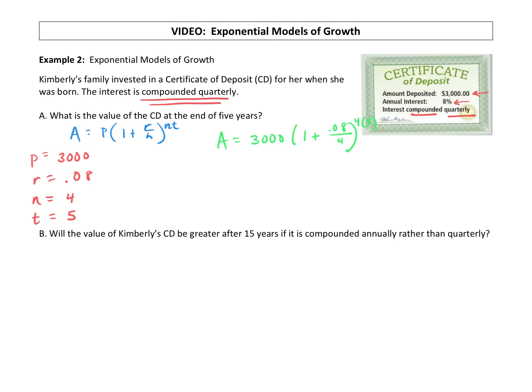That's kind of hard to see. So this right here says 4 times 5. All right, we can simplify this a little bit. We've got 3,000 times this 0.08 divided by 4. If you type that into your calculator, that's 0.02. So plus 1 is 1.02 raised to the 20th power.